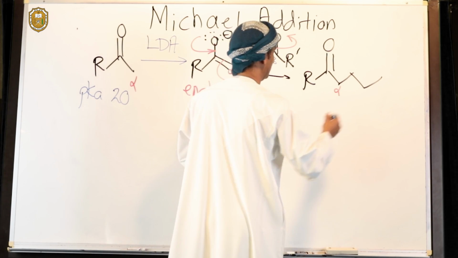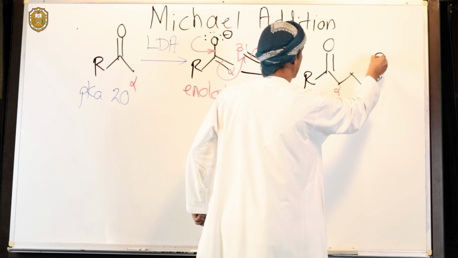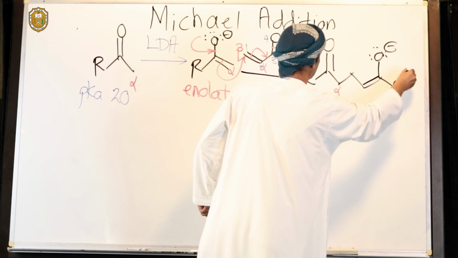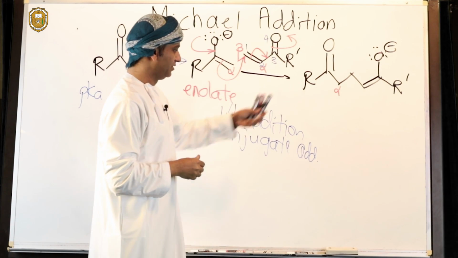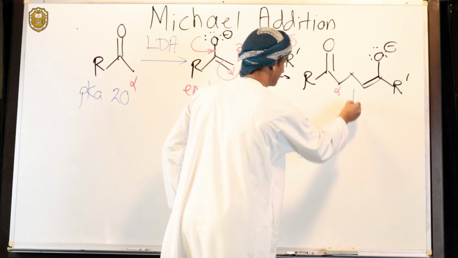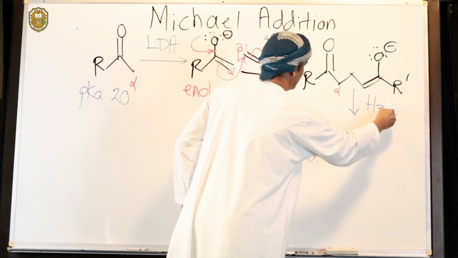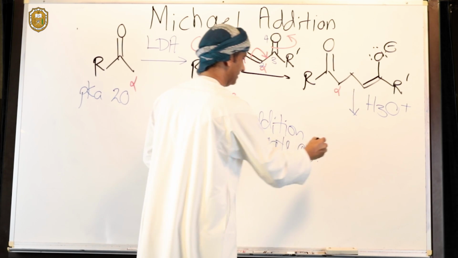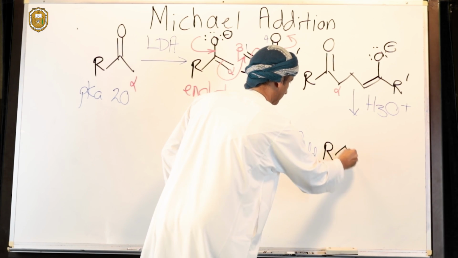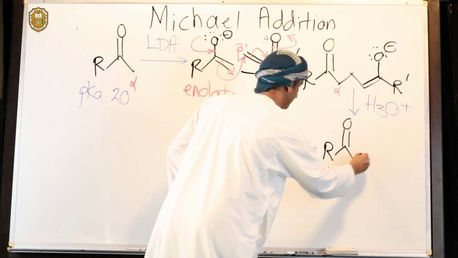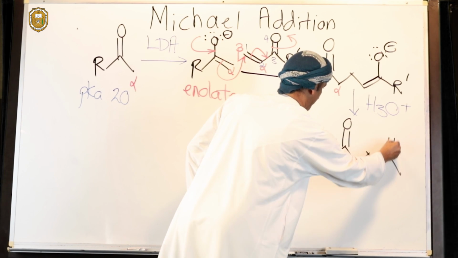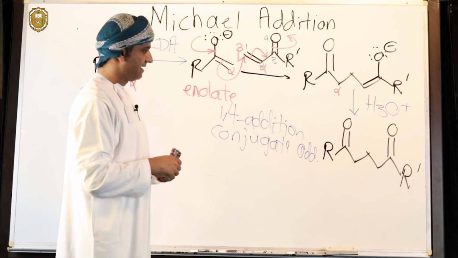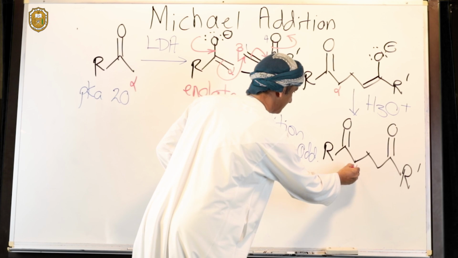So what's obtained now is an intermediate enolate, which can then undergo protonation to give finally a 1,5 dicarbonyl compound. Remember, that's the alpha carbon again.